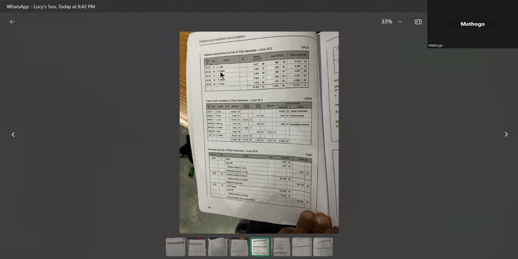Do you know what amount we are taking, and which side of the debtors control is it going to be recorded in? It's going to be recorded in the credit side, and then you take the debtors control amount, the final amount.